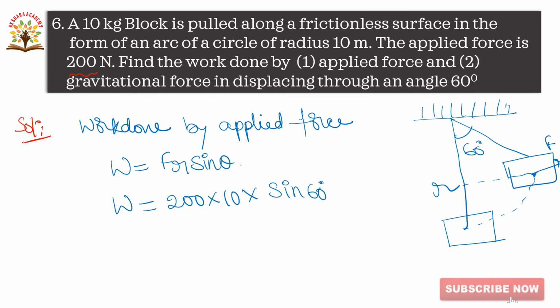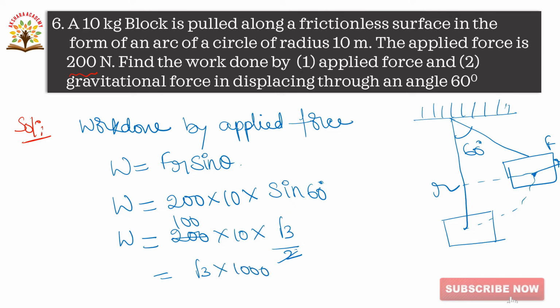So the work done W is equal to 200 into 10 into sine 60, which is root 3 by 2. Here 2 ones are 200.